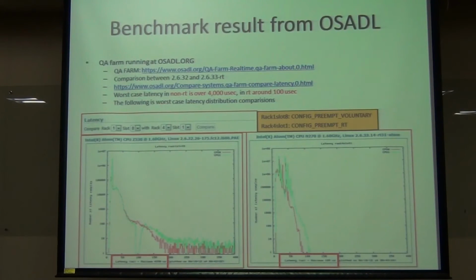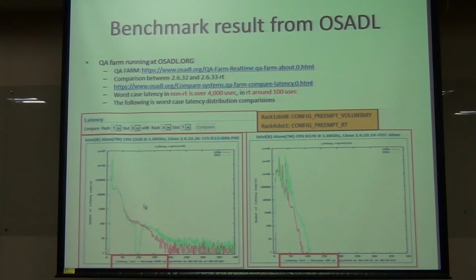So this was my test, and then there is the QA farm, what they call. At OSADL.org, they have a testing farm with tens of different PCs and embedded boards. They are running every day, overnight, different types of preempt RT patches. So this is one example that I took from them.